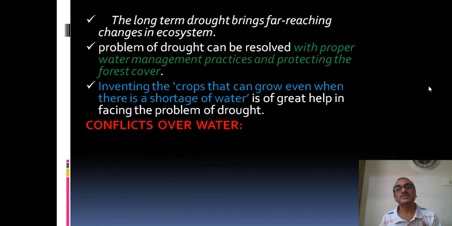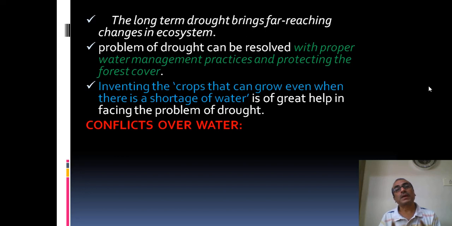Then conflicts over water is one of the burning issues, because whenever there is a scarcity of water, the available water will be shared by different countries or different states in a country, especially when the rivers are in between the districts of a state, or in between two states, or in between two nations.